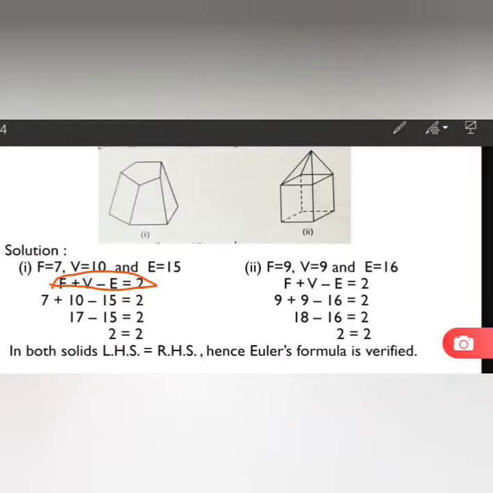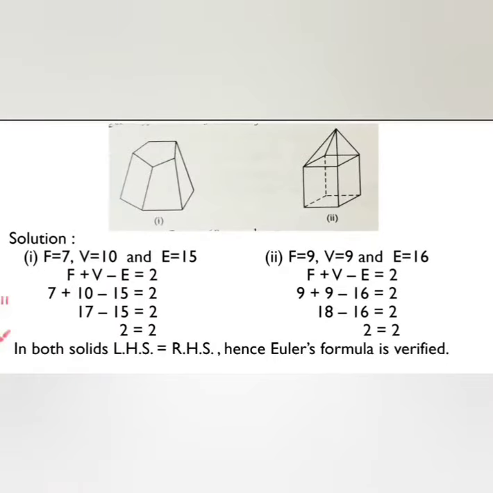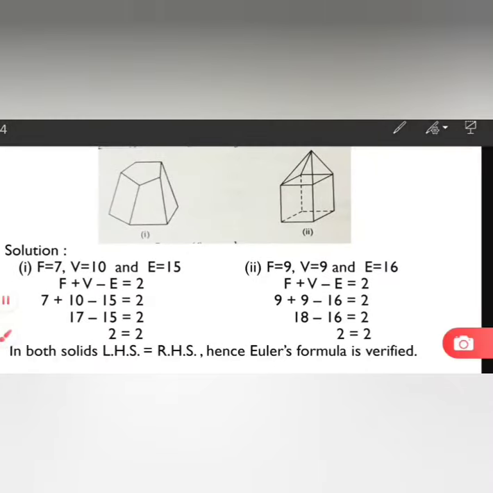Now number 2, you can see the next figure given is a pyramid. In this pyramid, let's first count the number of faces, vertices and edges. Here again, first the faces. You can see a cuboid is there.